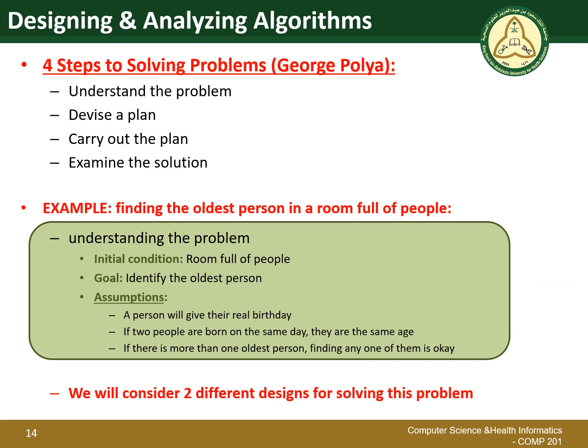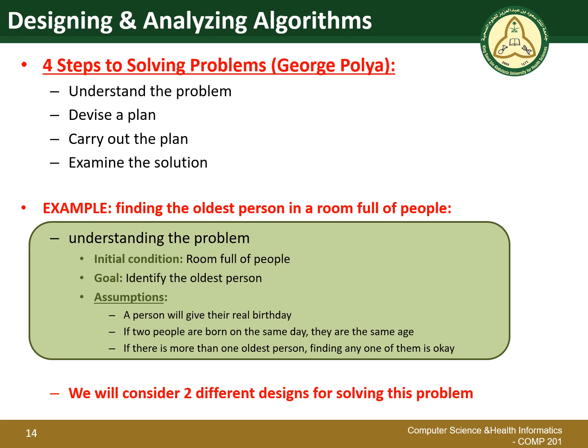Now we will explore the designing and analyzing of some computational algorithms. Before this, we talk about that algorithms is about solving problems, and whether we solve a problem in a computer or any other abstract science, we use Polya's problem-solving process.